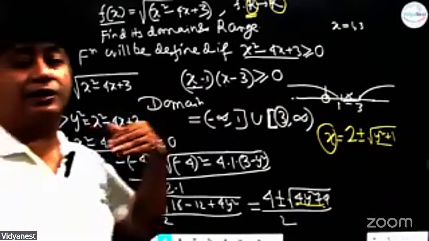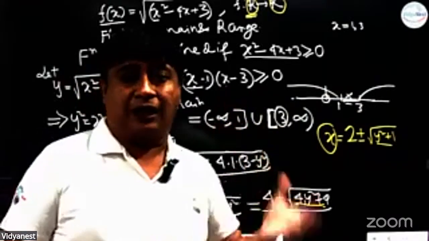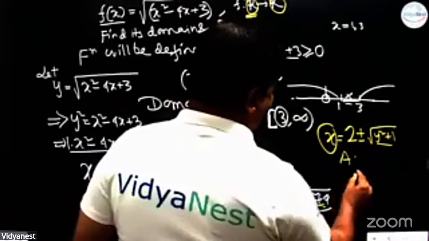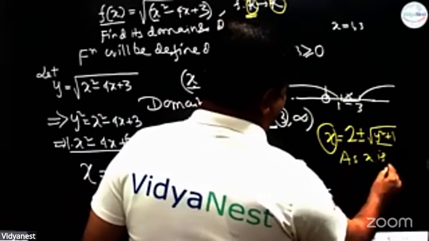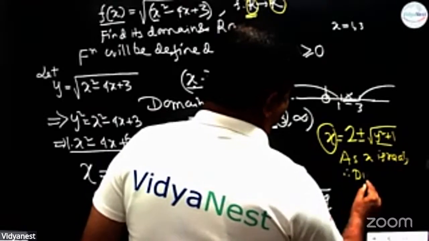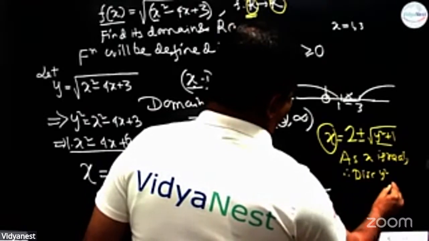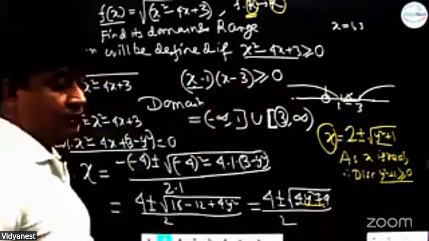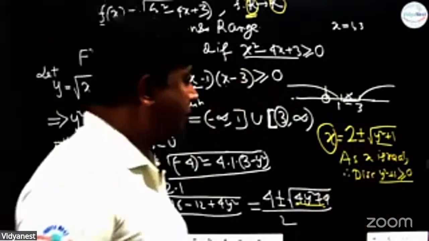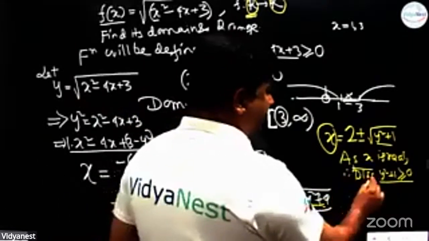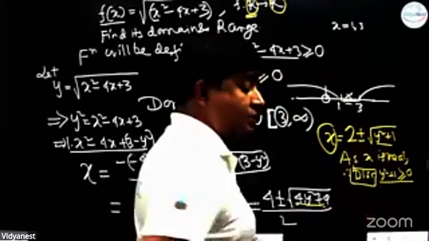That you are taught in quadratic equations in class 9 or 10. Yes, sir. So you write, as x is real, therefore discriminant y square plus 1 is greater than or equal to 0.